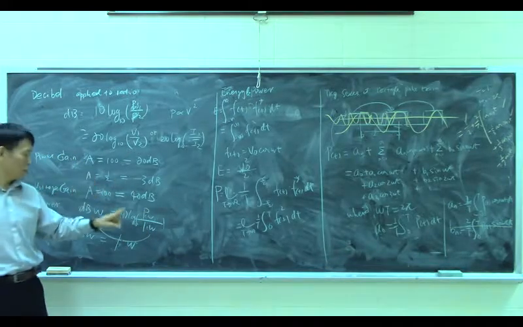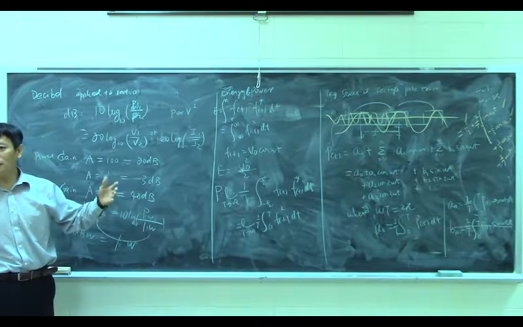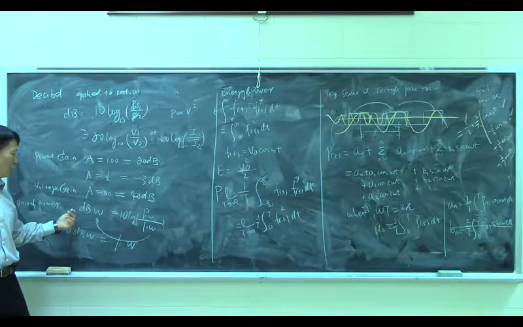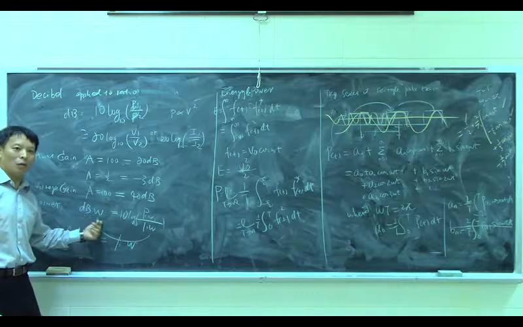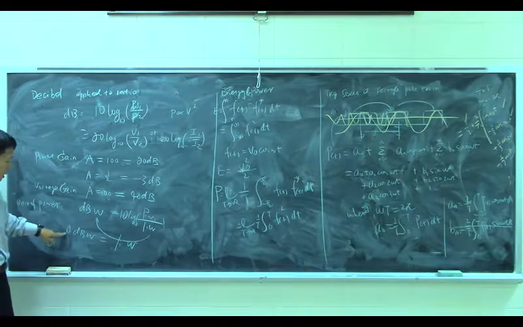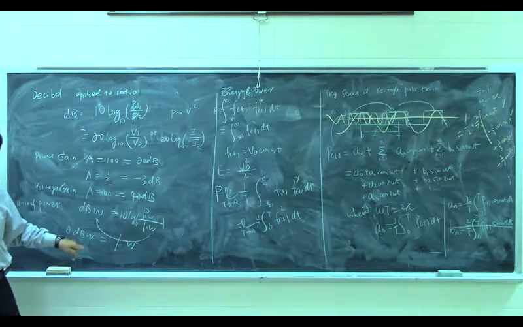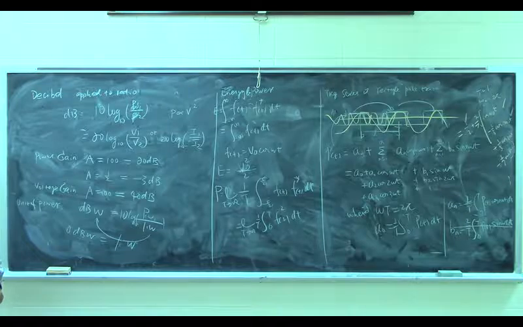You take the log of base 10 of 1, which you get 0. 0 times 10, still 0. It's not watt anymore, it must be dB watt. That means it is 0 dB compared to 1 watt. Does that make sense? Okay, good.